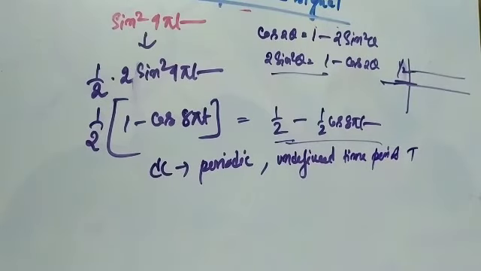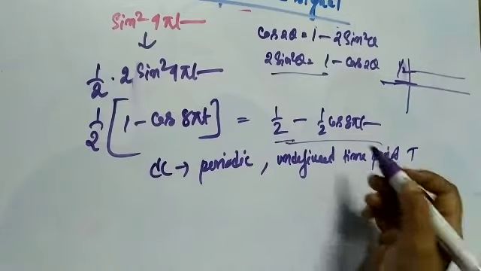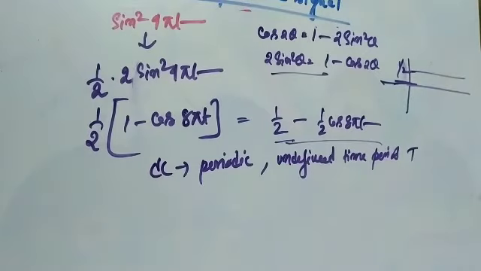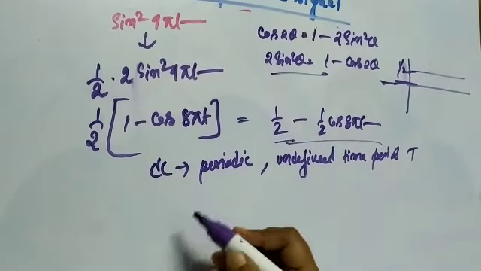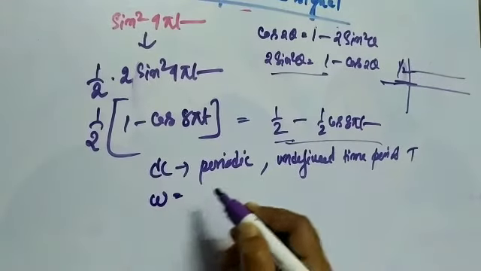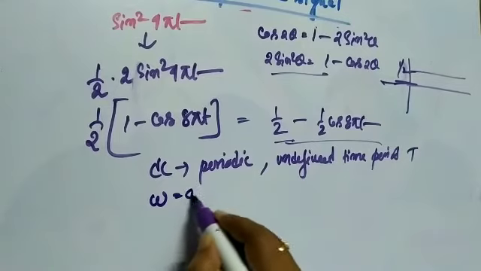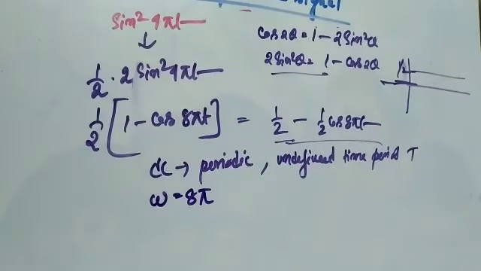Now we have to calculate the period of cos 8 pi t. Again, consider the previous case: omega equals 8 pi.